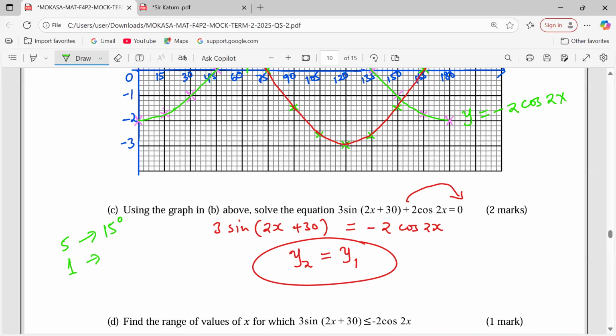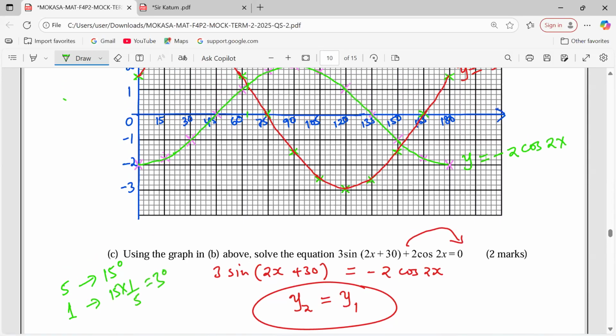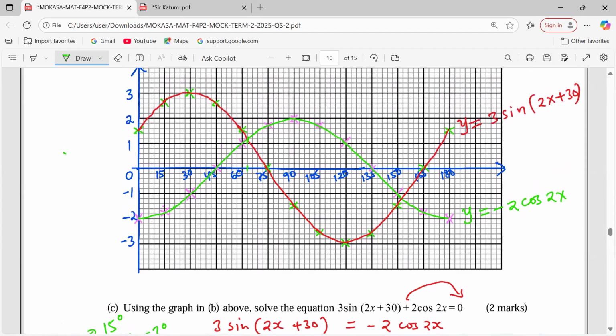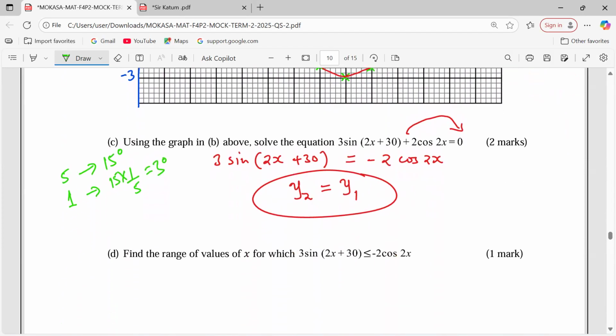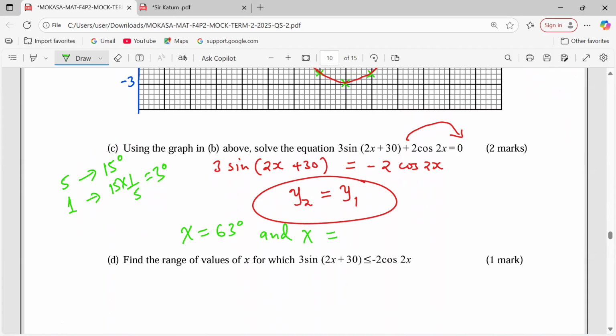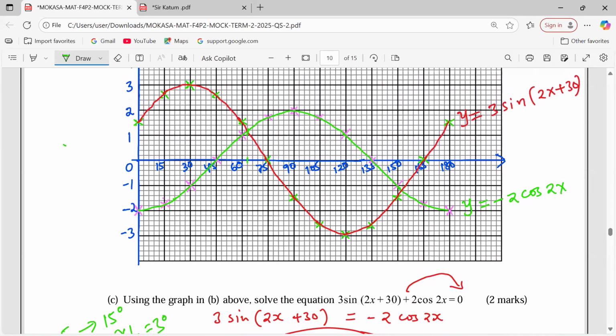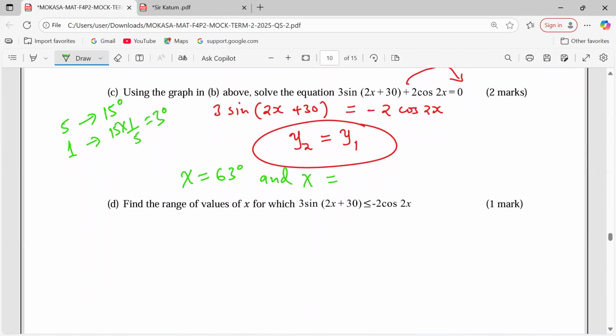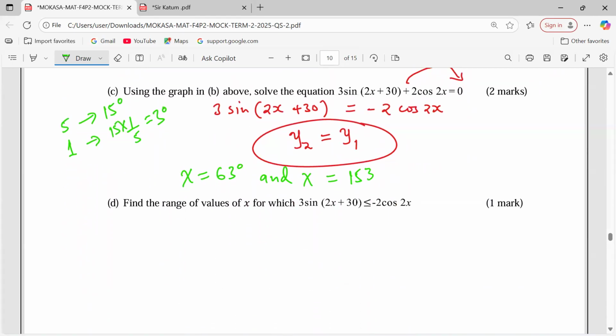It represents 15 divided by 5, which is 3 degrees. So that is going to be 63. So x equals 63 degrees, and another point of intersection is here, which is going to be 153. So x equals 153. That is how we solve the first part.